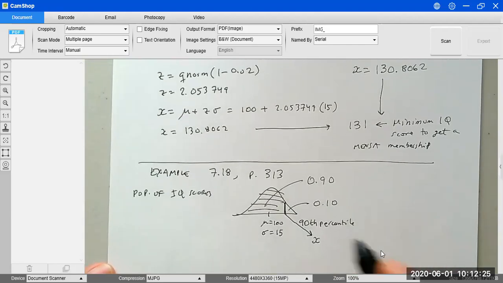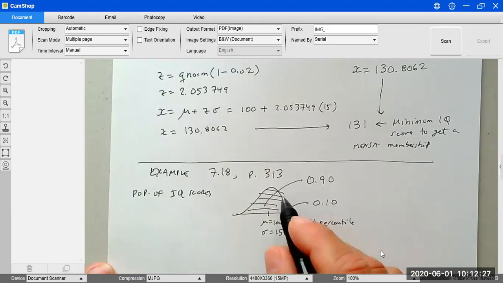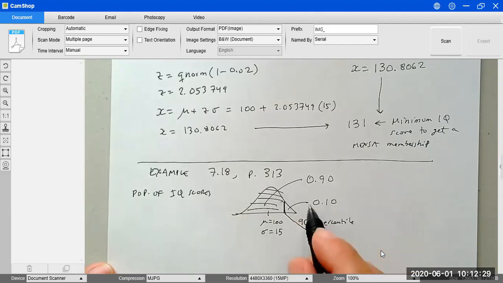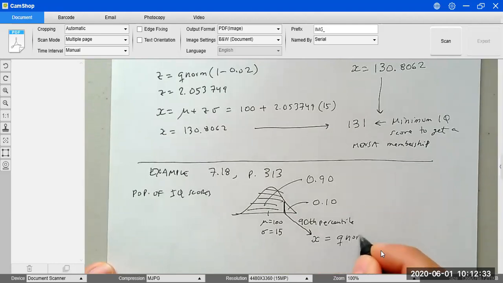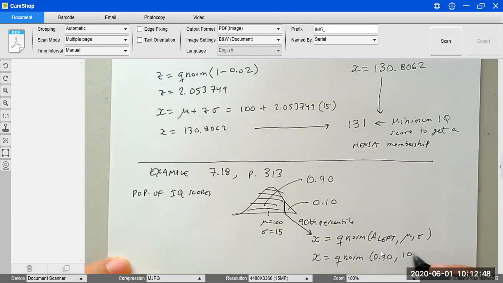So what is the process? Now we know the area to the left, so you're going to use directly qnorm of area to the left, mu and sigma. So your value of x is going to be qnorm of 0.90, 100, 15.